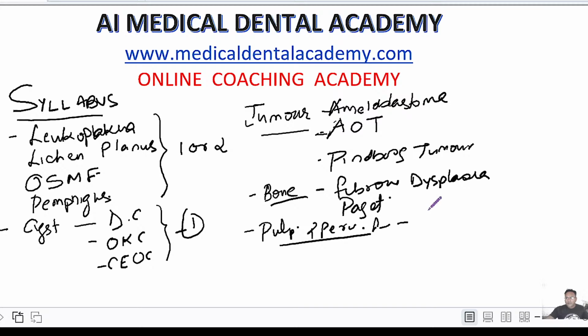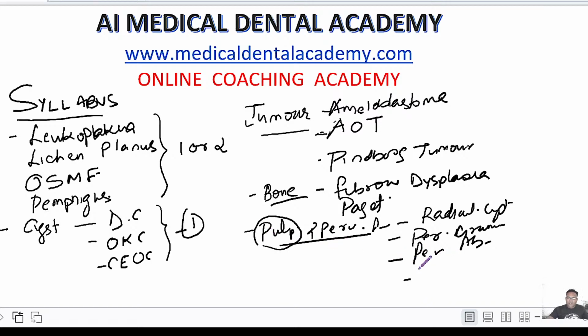In this, they have various questions like radicular cyst, then periapical granuloma, then periapical abscess, then pulp-related questions, pulp polyp.